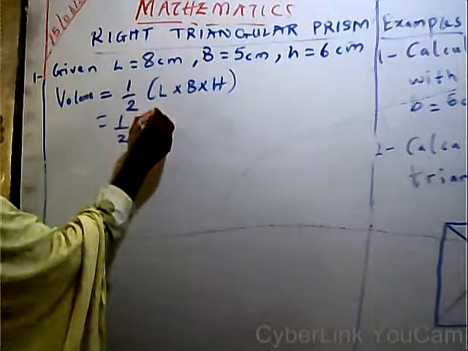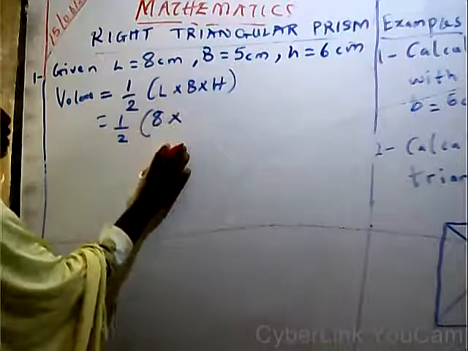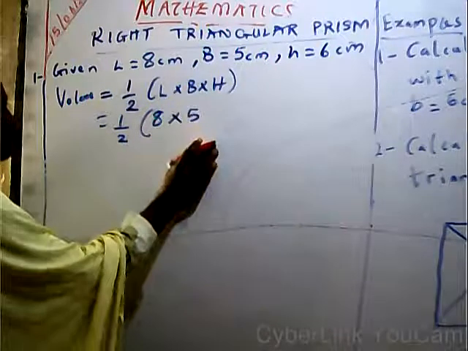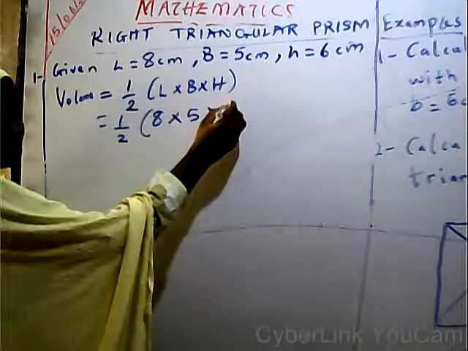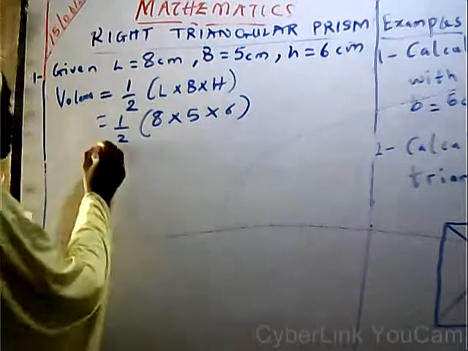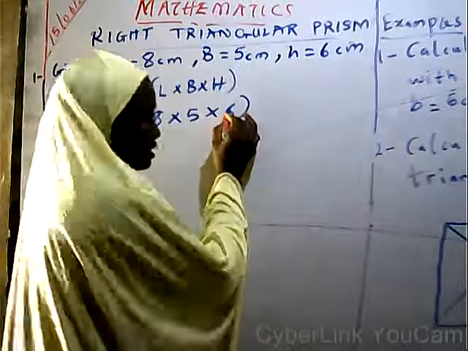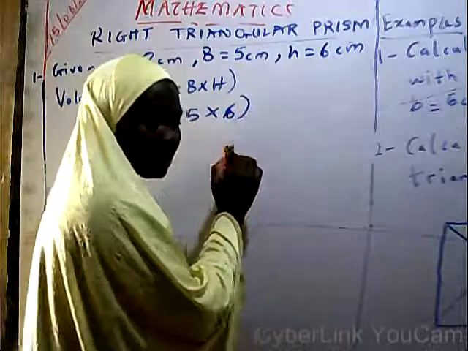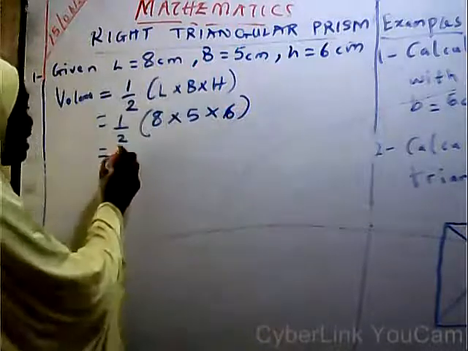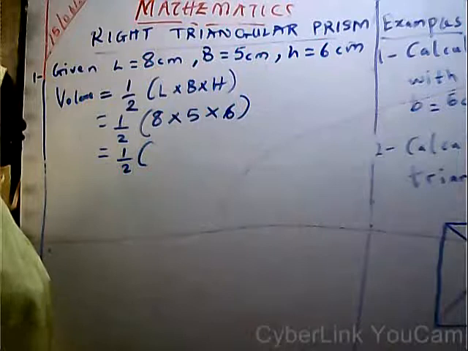So 1/2, our length is 8, our breadth is 5, and our height is 6 cm. When you multiply this, 8 times 5 times 6.